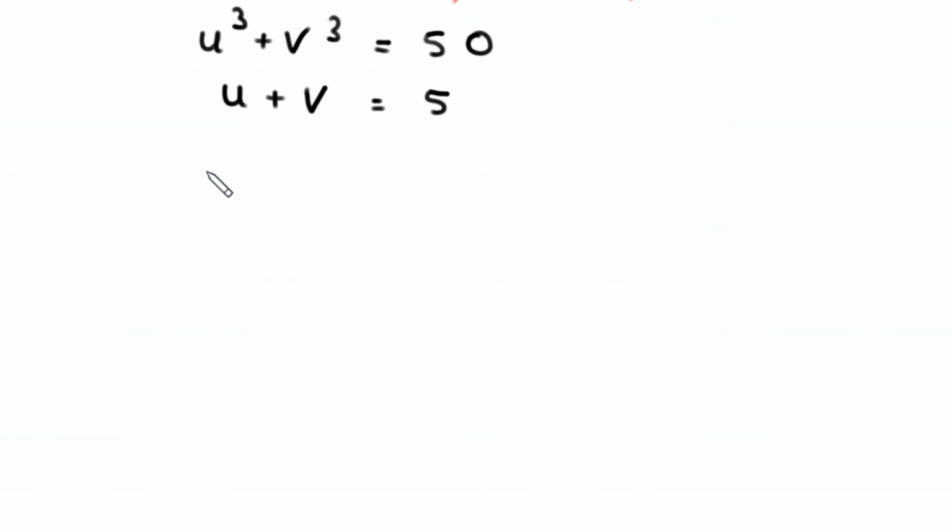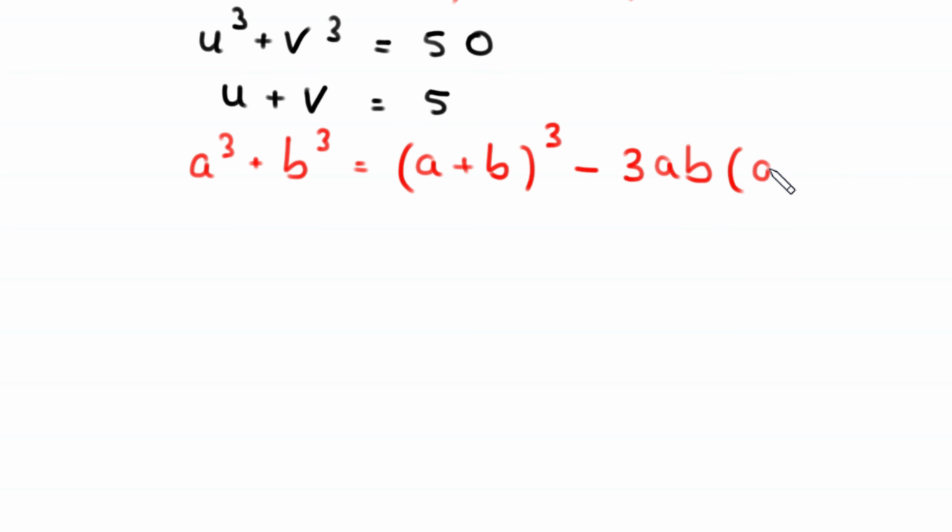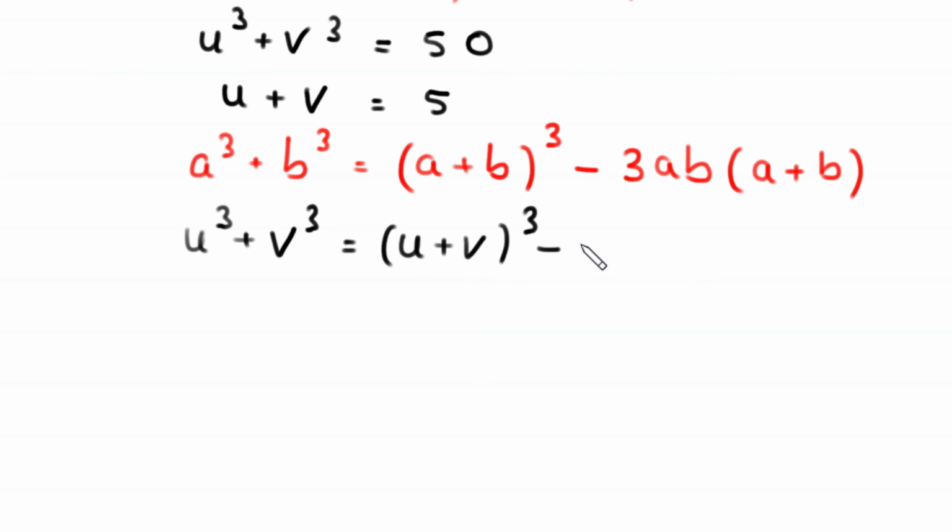Now by using this algebraic identity, a cubed plus b cubed equal to a plus b whole cubed minus 3 times a times b times a plus b, we can write the identity u cubed plus v cubed equal to u plus v whole cubed minus 3 times uv times u plus v.